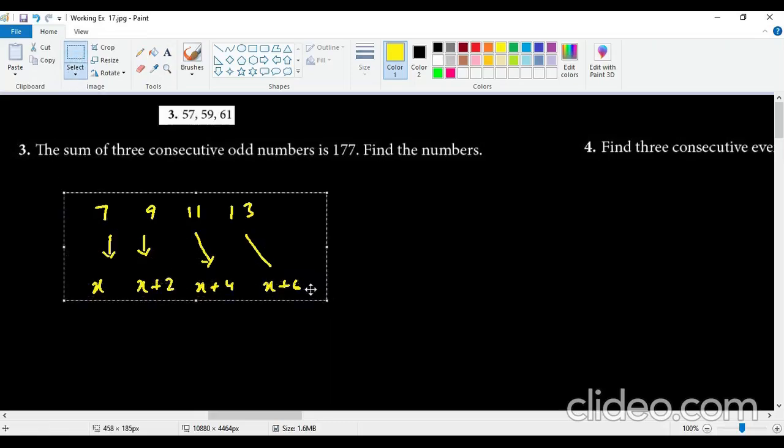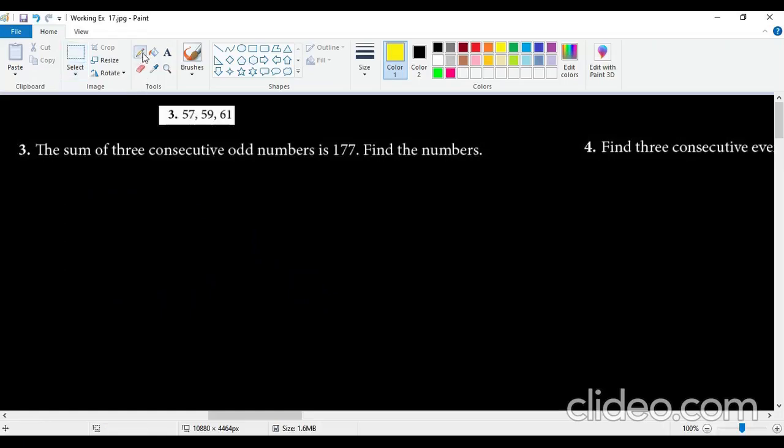Now, in the question, it says the first three consecutive odd numbers. So, odd numbers or even, the difference between them is going to be 2 only. So, x plus x plus 2 plus x plus 4 is going to give us 177. So, that means there are three x's and 6 is giving us 177.